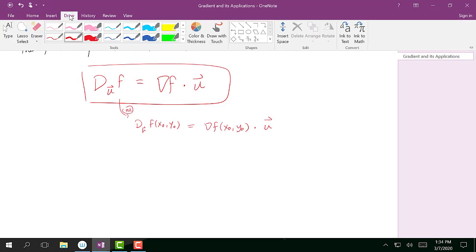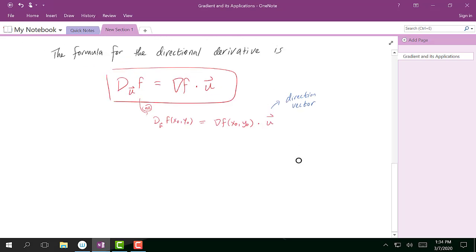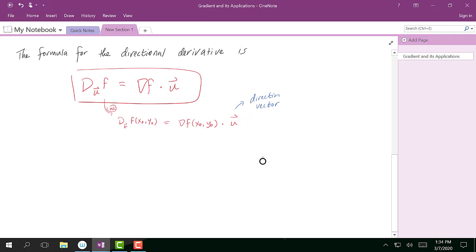This is what we call our direction vector. It tells us in which direction our derivative is in. And so what we're going to do is a practice problem just to get this concept down. And of course, then we'll go from there.